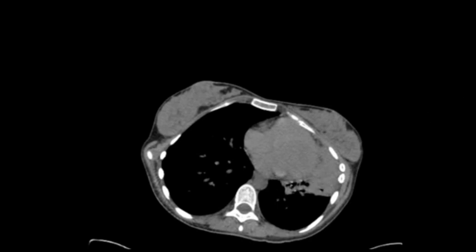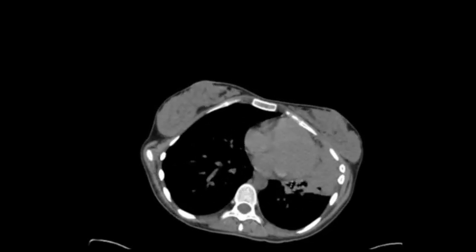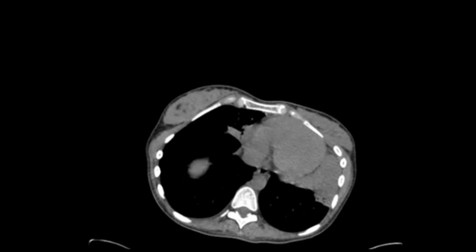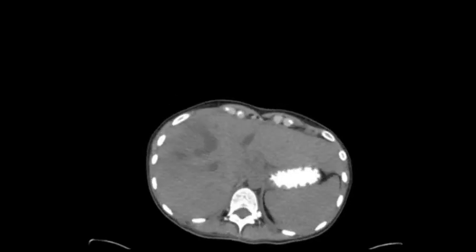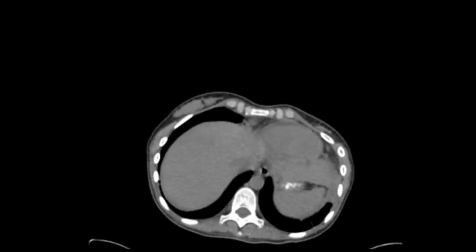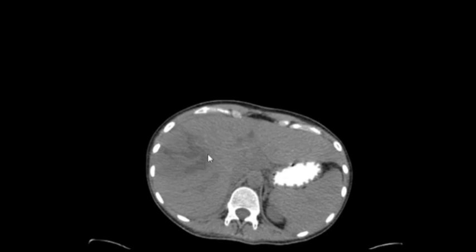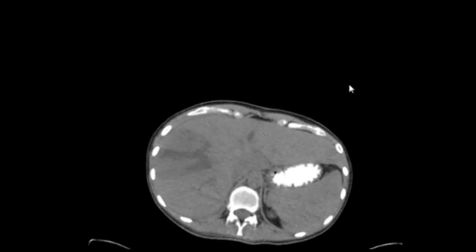There is an area of consolidation involving the lingula of the left lung. In addition, there is a heterogeneous area involving the right lobe of the liver.